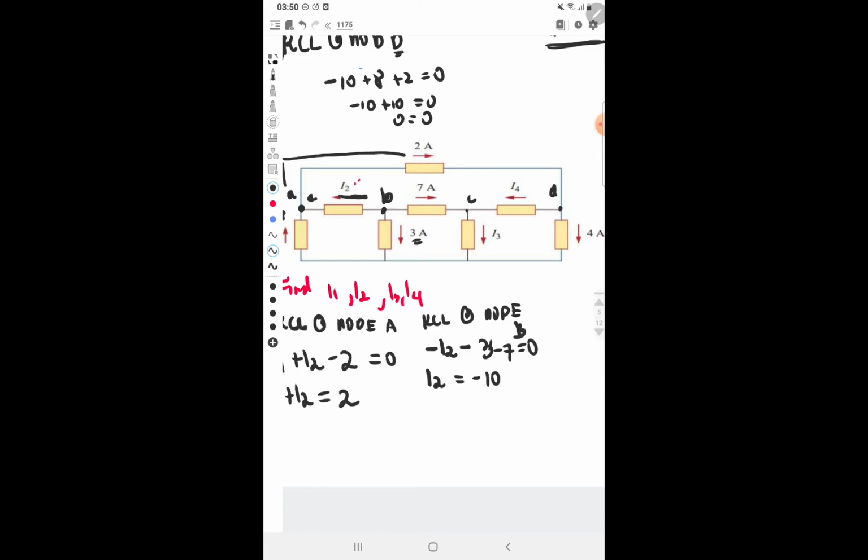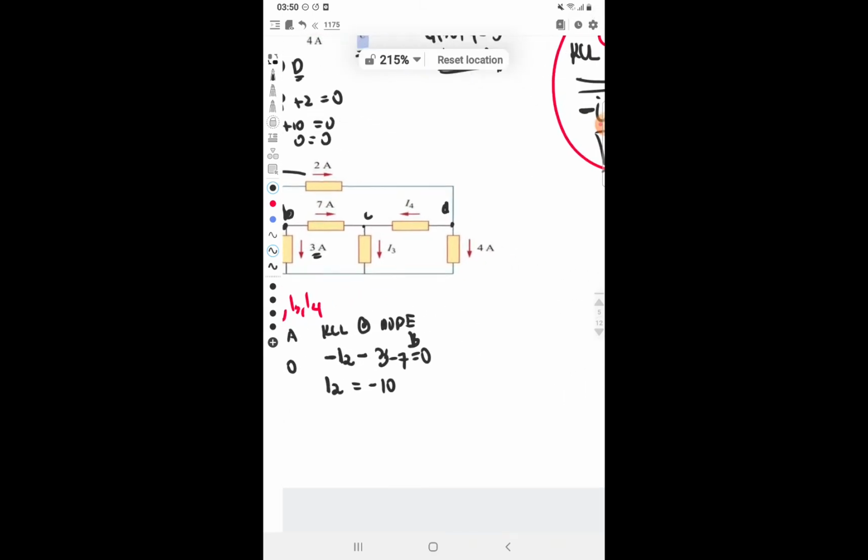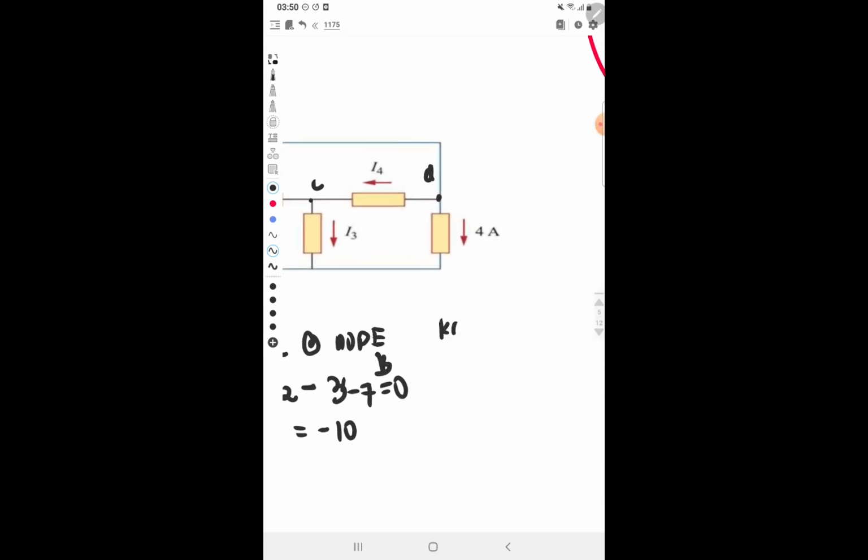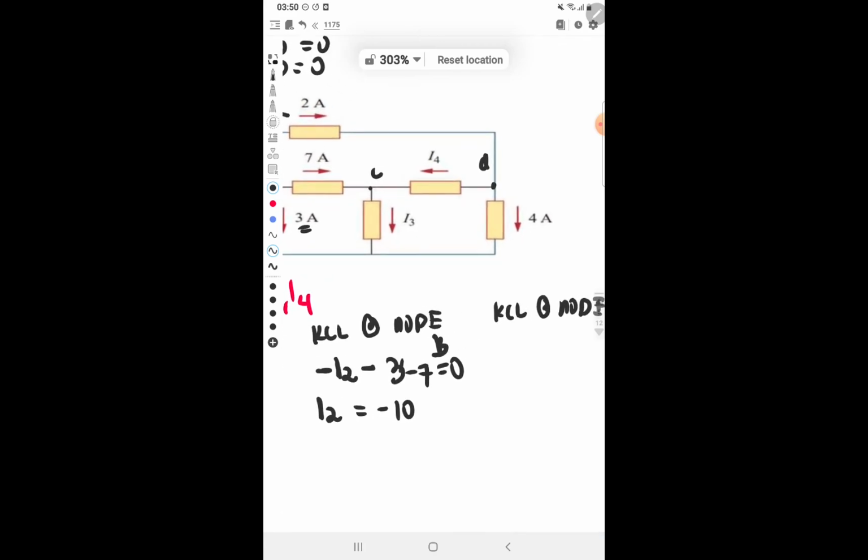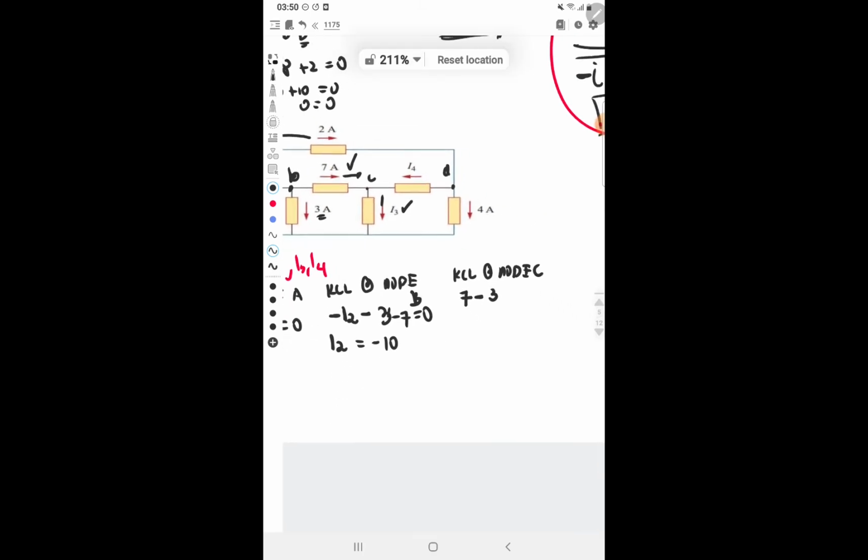Next, KCL tayo dito sa node C. So, KCL at node C. As you can see, 7 ampere is entering the node. Okay? And then yung I3 natin is leaving the node. And then yung I4 natin is entering the node.